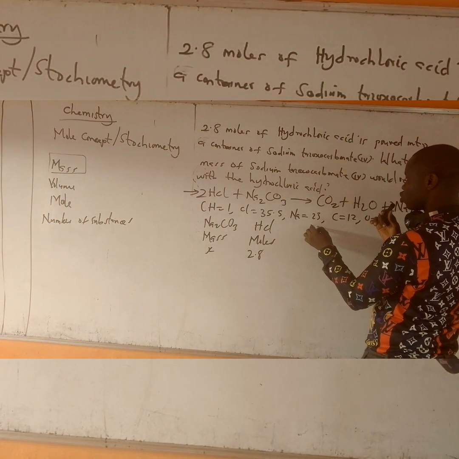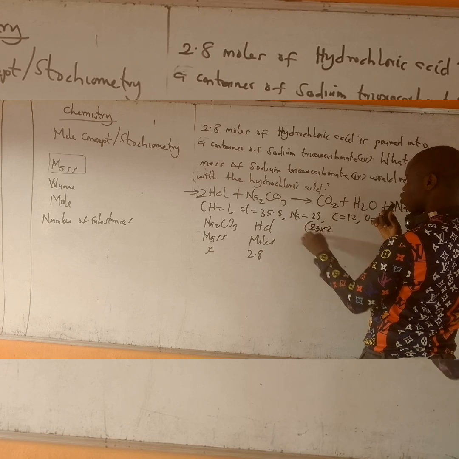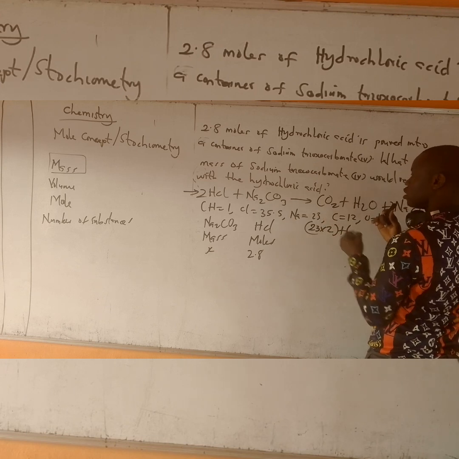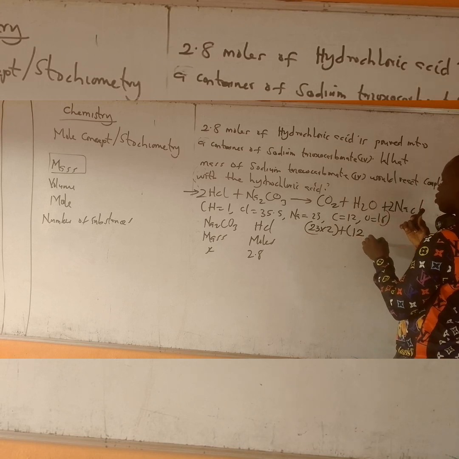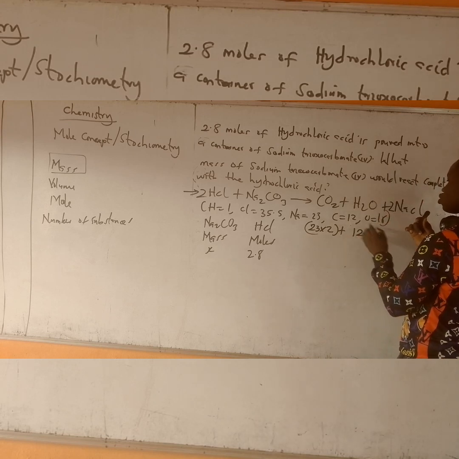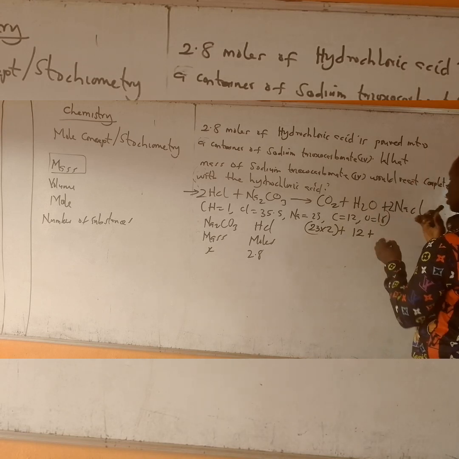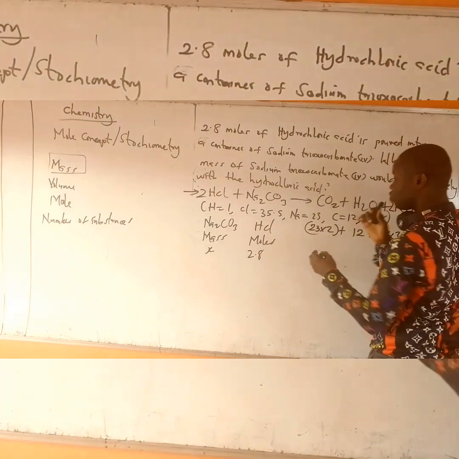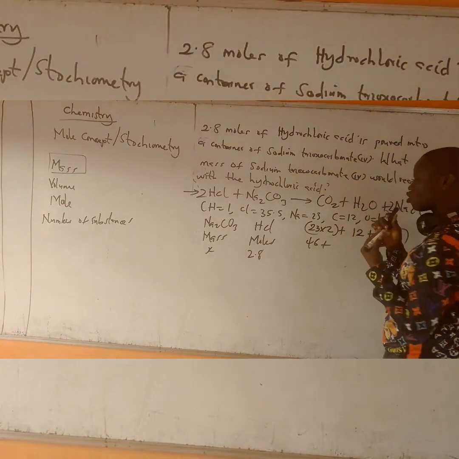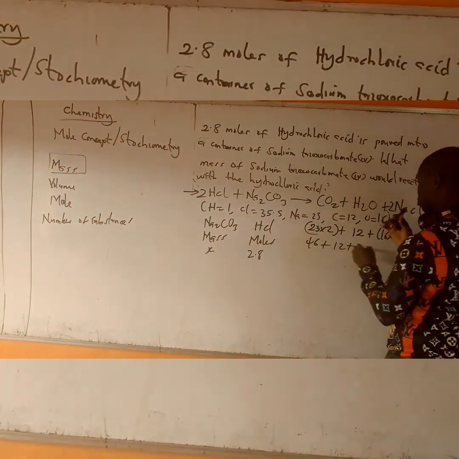Na is 23 times 2, plus C is 12, plus O3, 16 times 3. So 23 times 2 is 46, plus 12, plus 48.